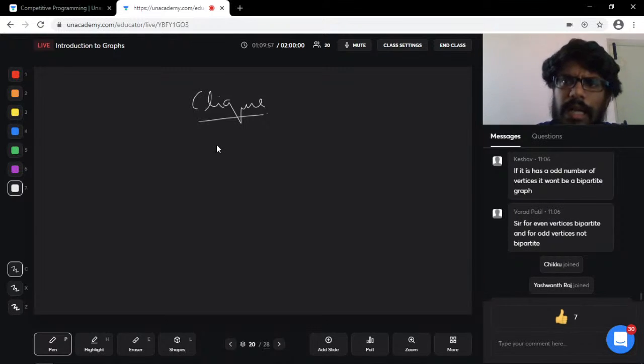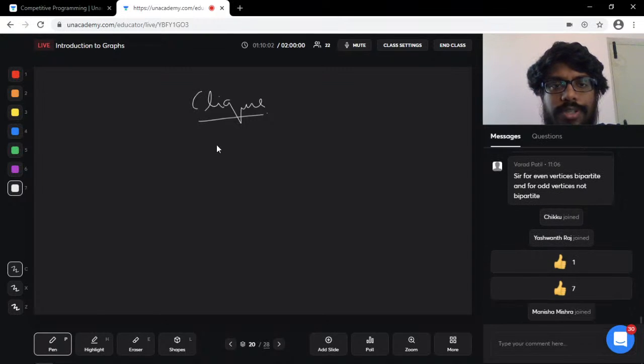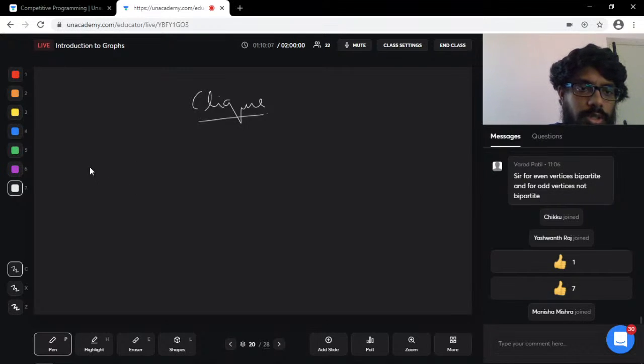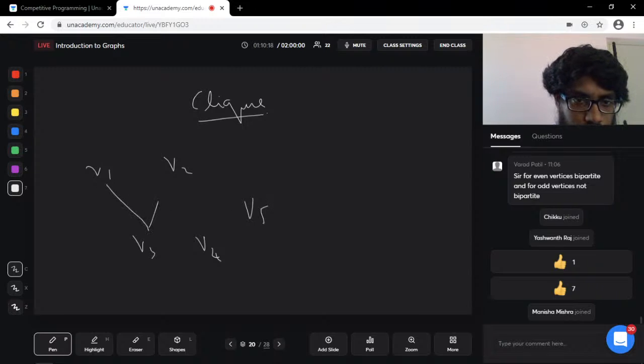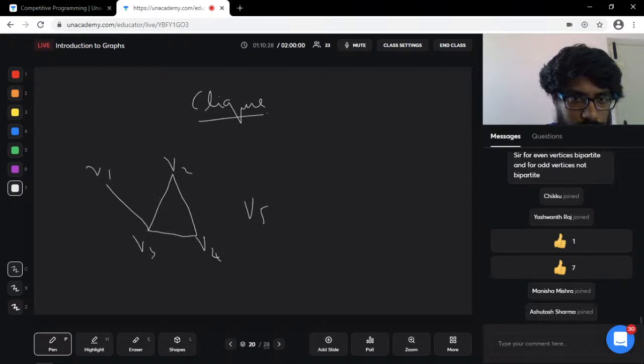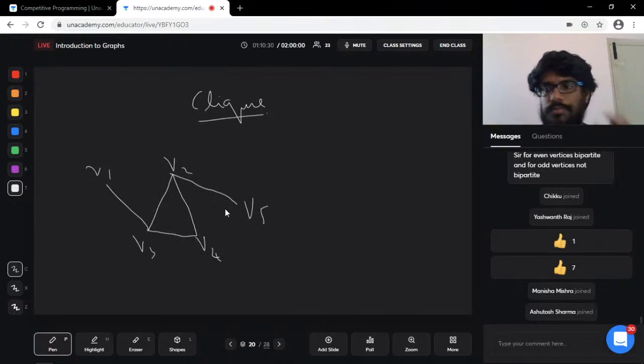A clique is basically an induced subgraph of a graph, which is like a complete graph. So now the entire graph is not a complete graph, right?